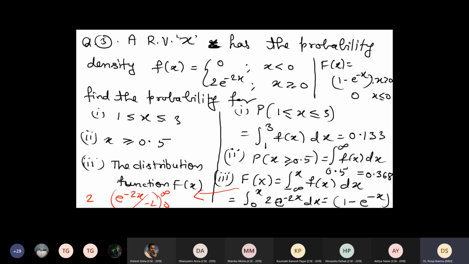So the 2 will be cancelled out, and then for the lower limit, exponential power 0 becomes 1.